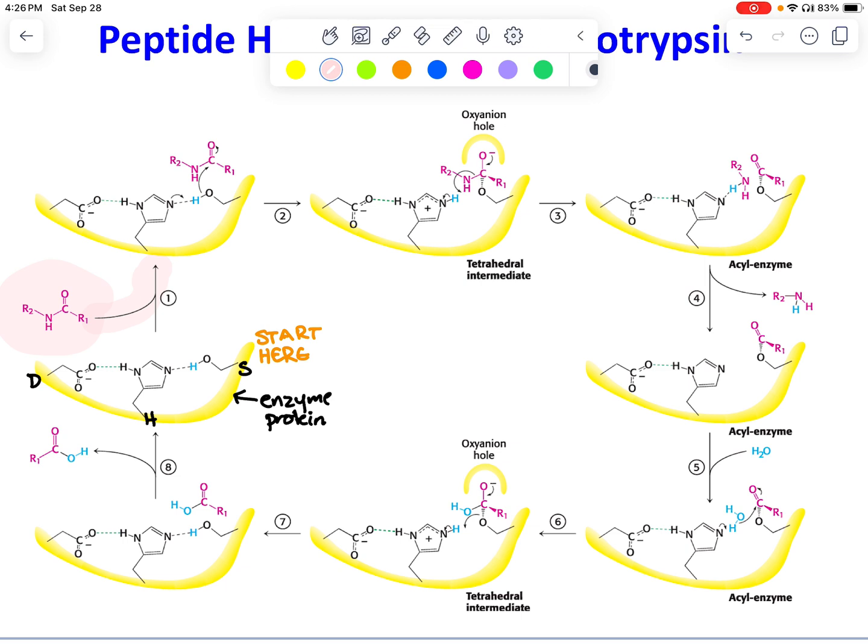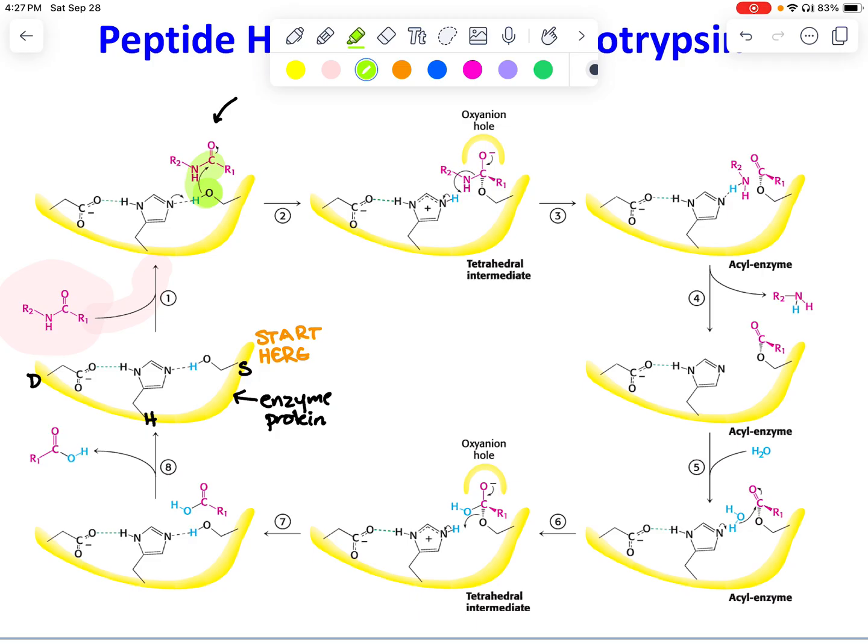So right here in the pink, we see that substrate. As that substrate comes in, we're going to see a nucleophilic attack from this oxygen right here on that carbon. So we see that nucleophilic attack.